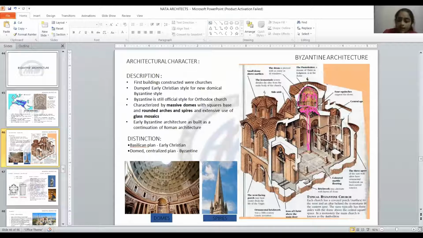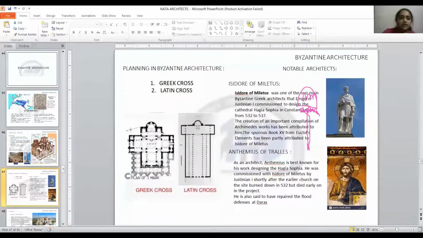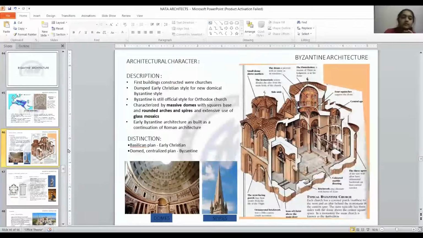And when you look at the internal areas of Byzantine architecture, churches or anything else, they will be very much decorated, with marble carvings and mosaics applied.